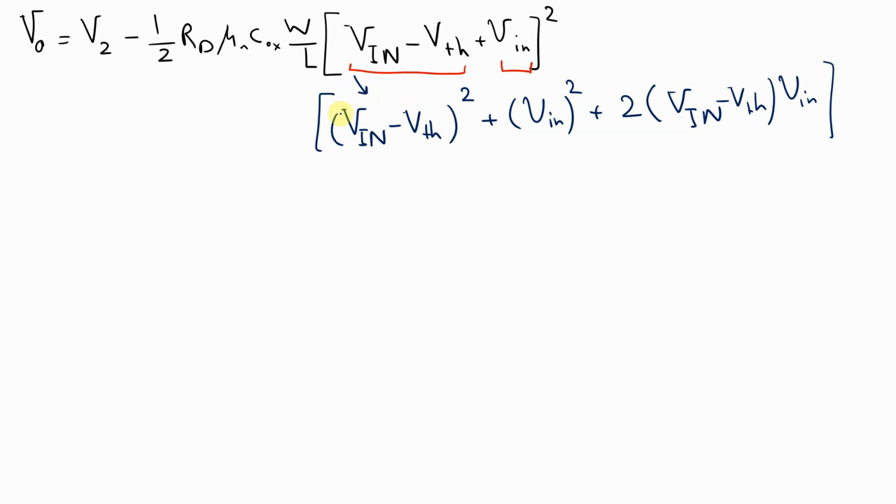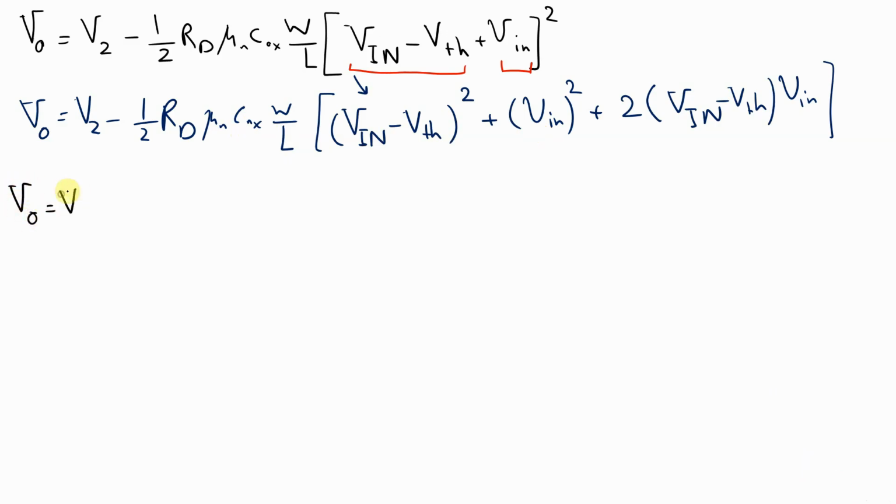So here we have VO equals V2 minus 1 divided by 2 RD mu n C oxide W over L. Now I'm going to multiply this one by this so we have a great formula to follow our process.